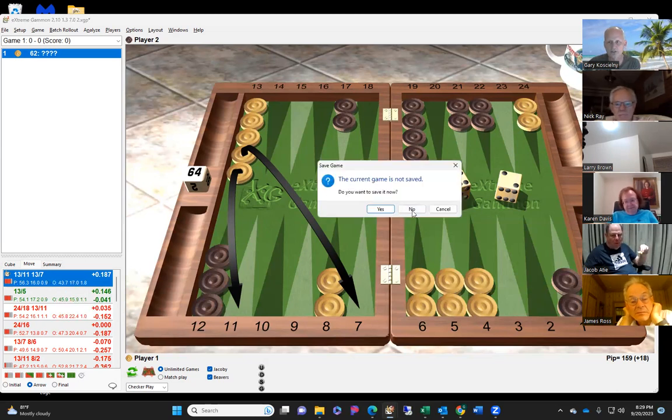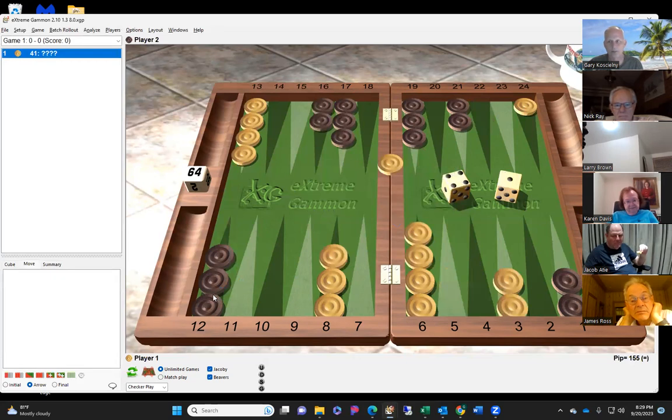Some more here. So what's the strategy? Well, white, what are we doing? What's our formation? Well, you're ahead of the race, so I guess you come out to the 20 point.